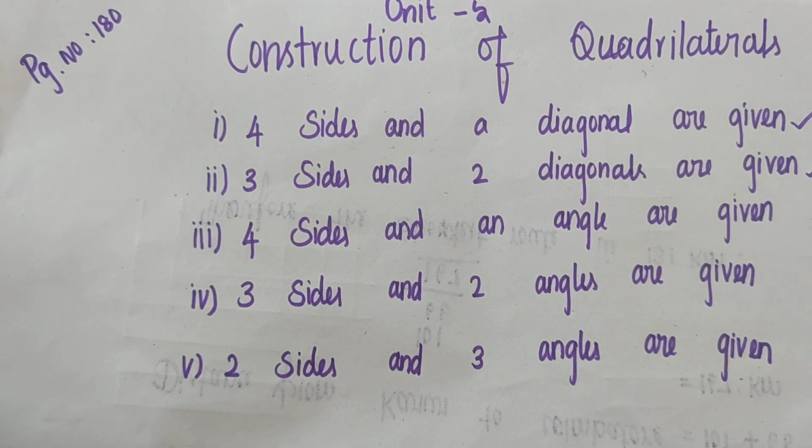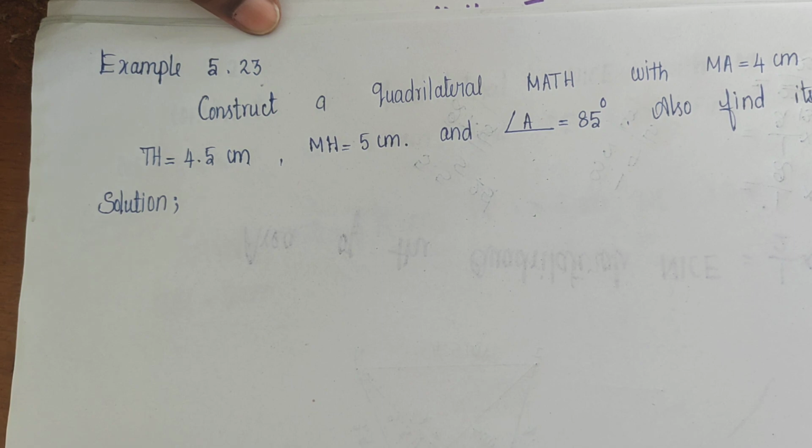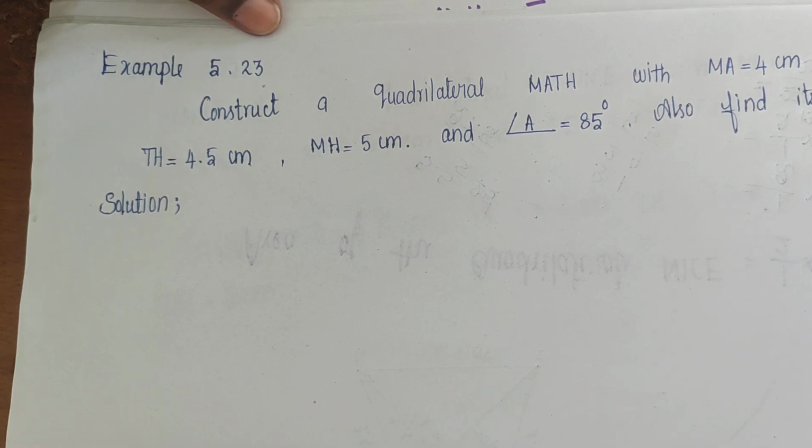We are going to the next example and also the next type of quadrilateral. What is given in this example?